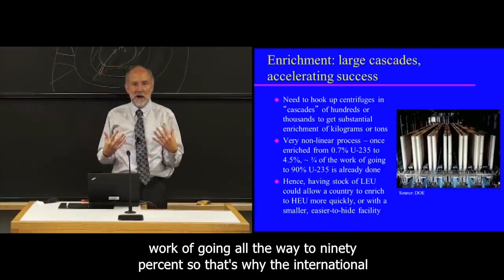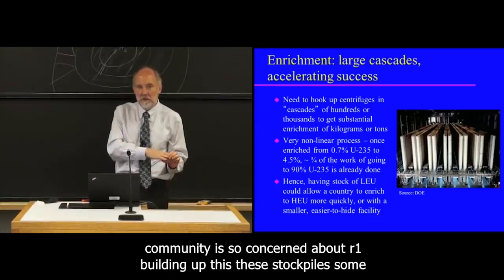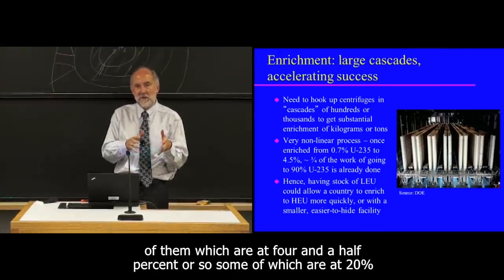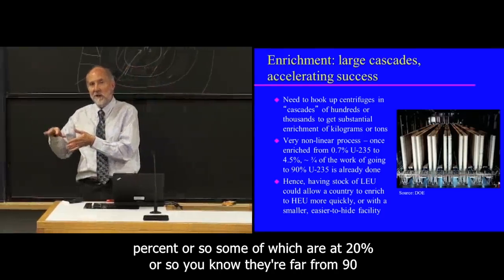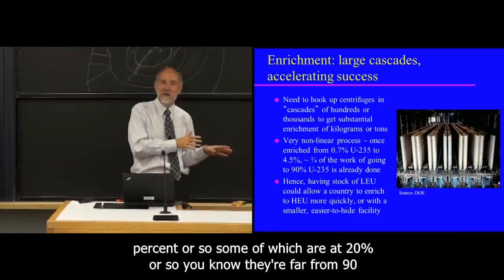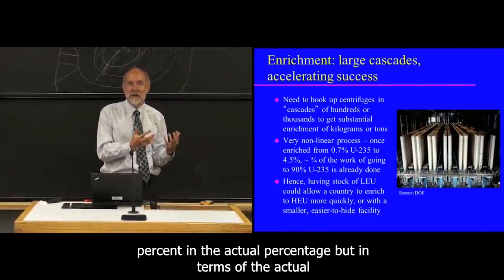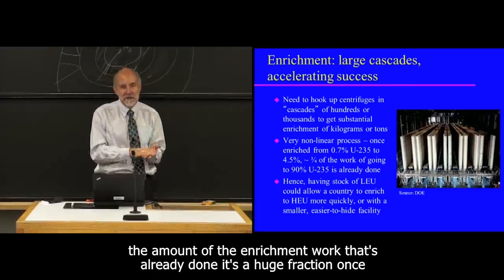So that's why the international community is so concerned about Iran building up these stockpiles, some of which are at 4.5% or so, some of which are at 20% or so. They're far from 90% in the actual percentage, but in terms of the amount of enrichment work that's already done, it's a huge fraction.